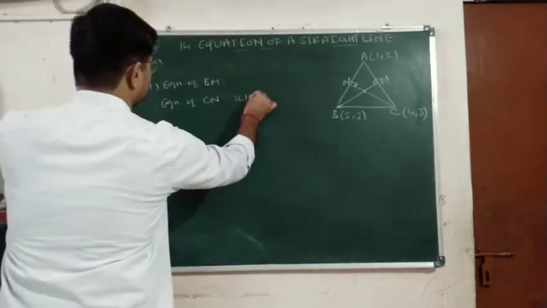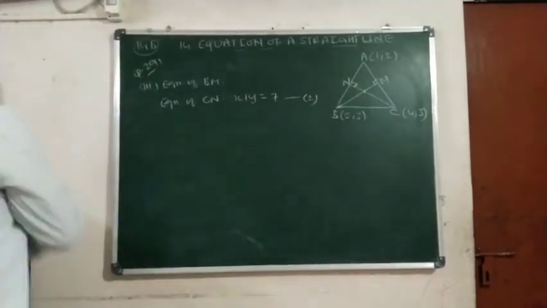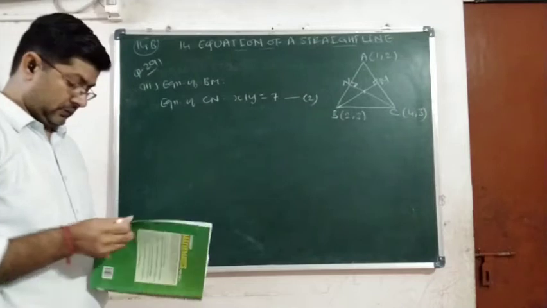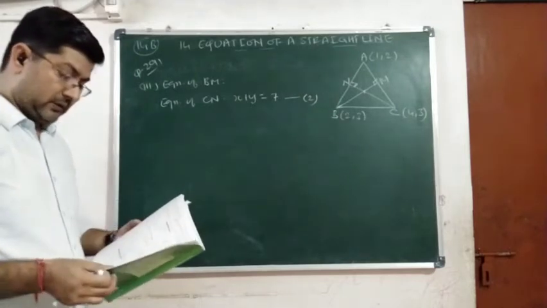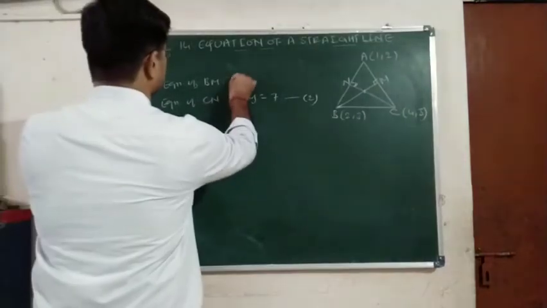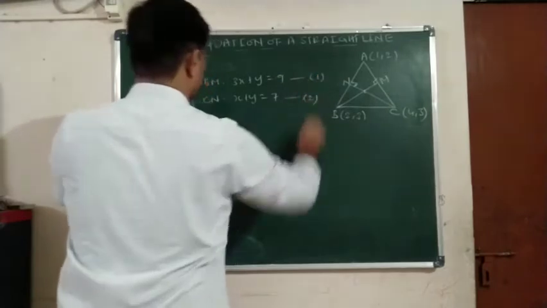CN is x plus y is equal to 7, and BM, I don't remember. Let me see. Okay, BM is 3x plus y is equal to 9.